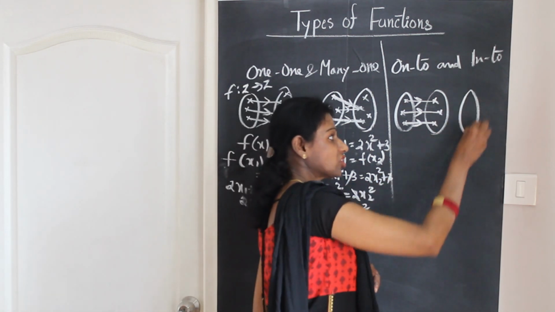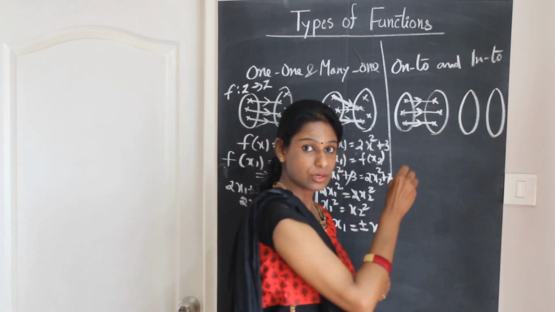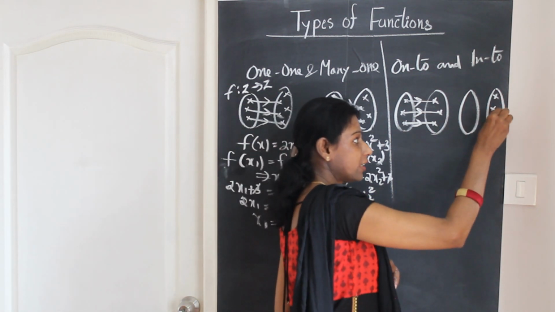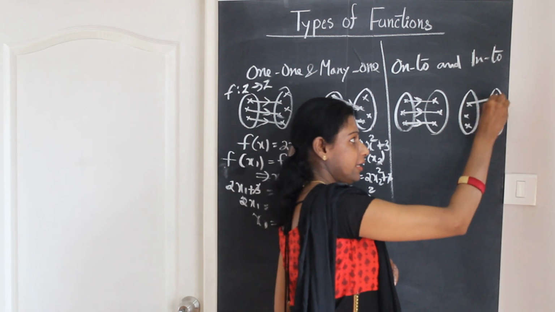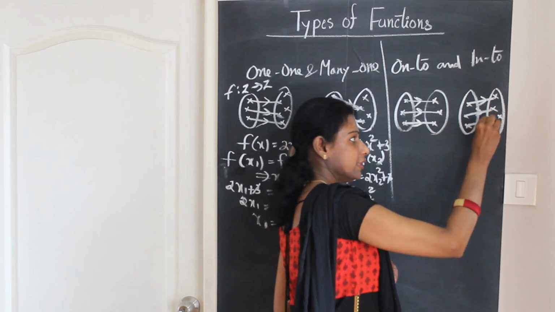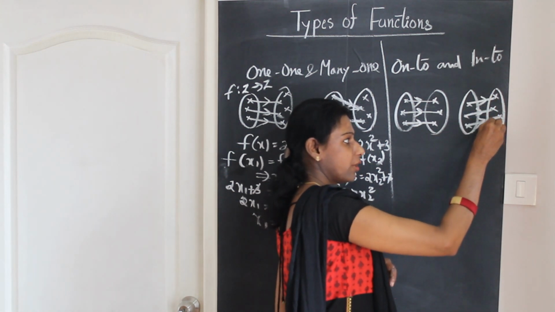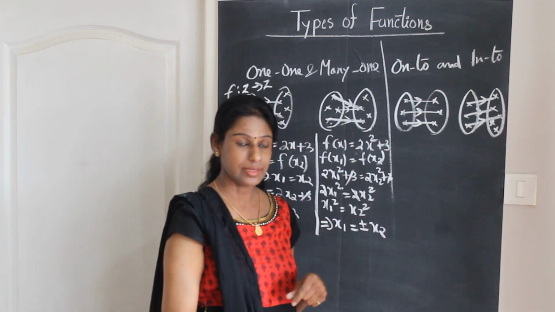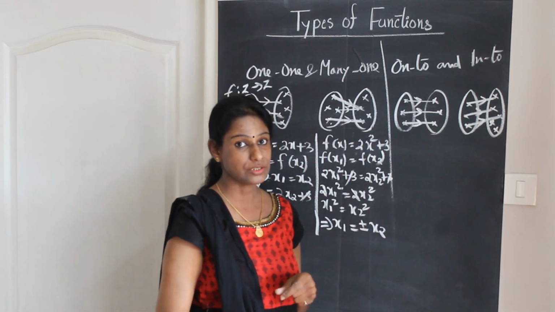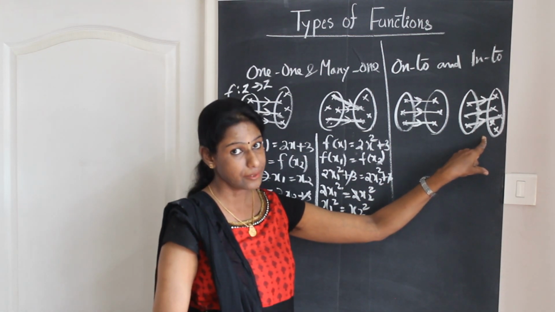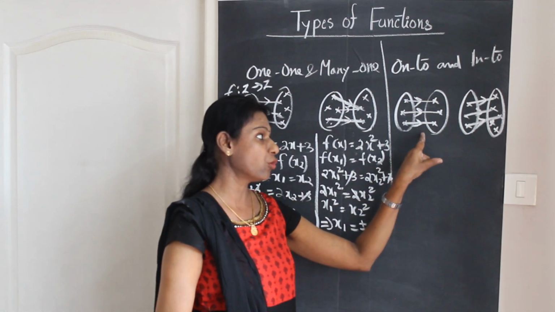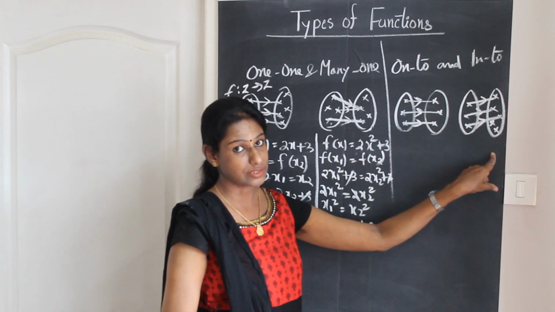If there are extra elements in the codomain that are not attached to any element of the domain, here in this arrow diagram, there are two more elements in the codomain that are not attached to the elements of the domain. So in this case, this is an into function. So onto and into function.